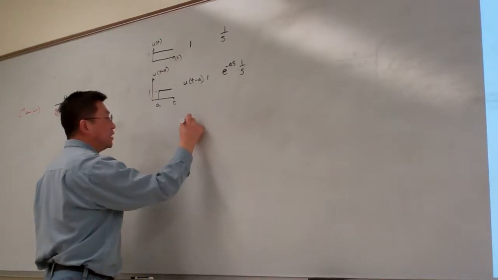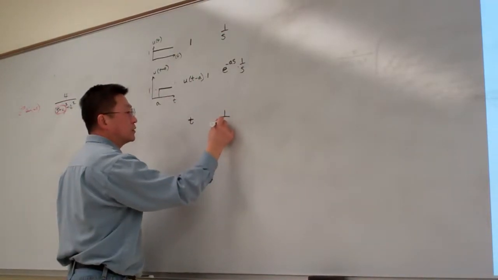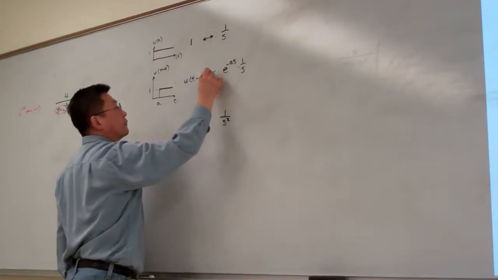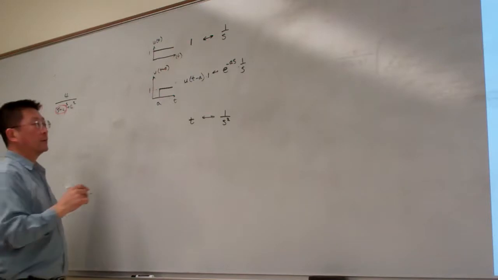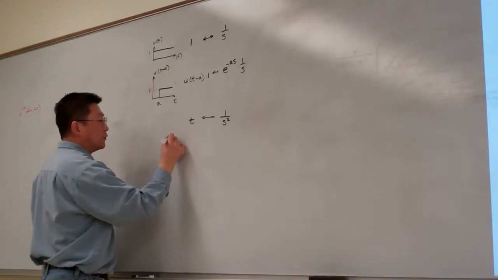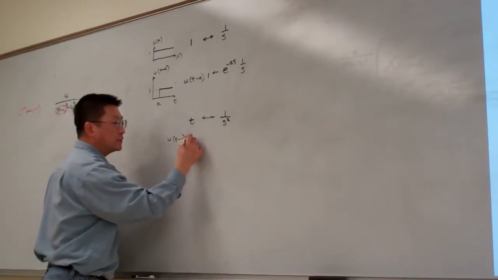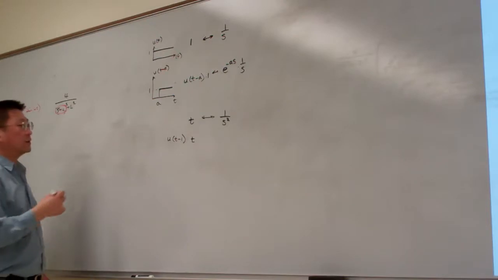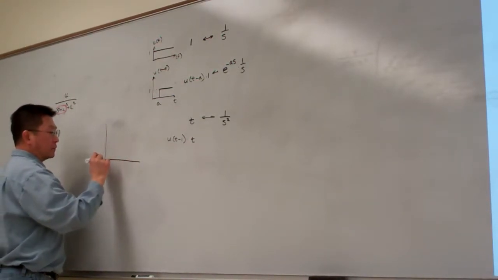So say for t, the corresponding Laplace transform is this. Now if we say u(t minus 1) times t, what does that mean?